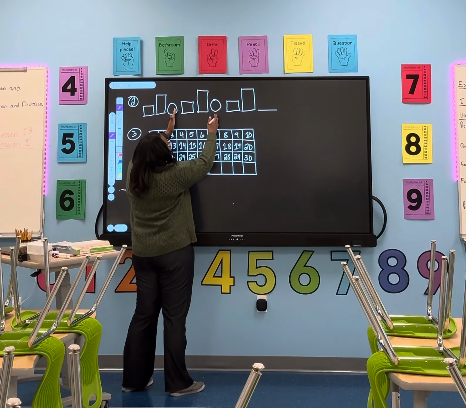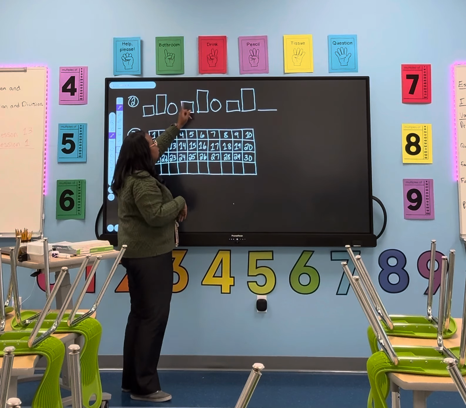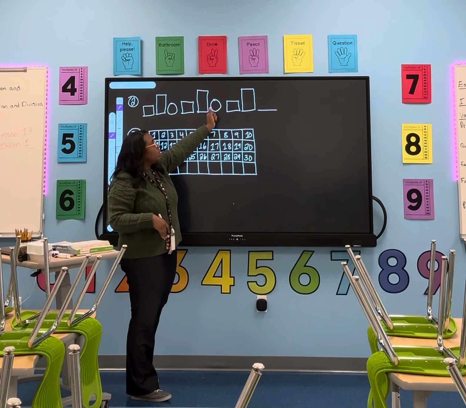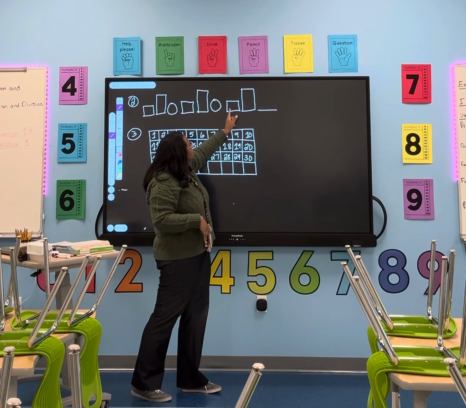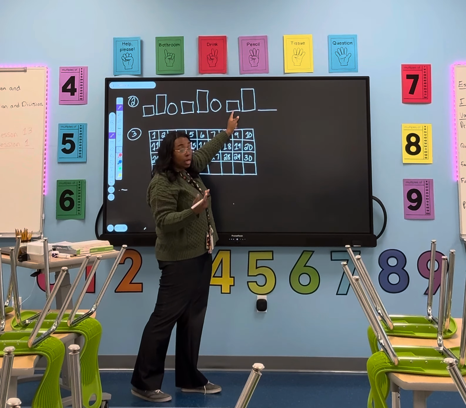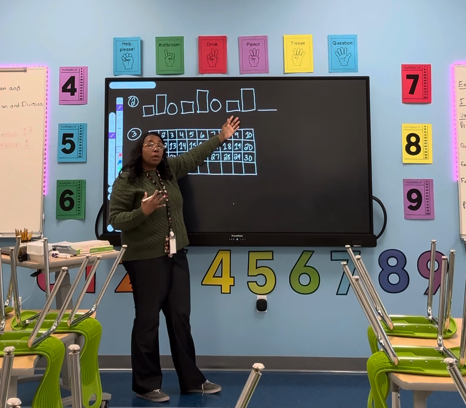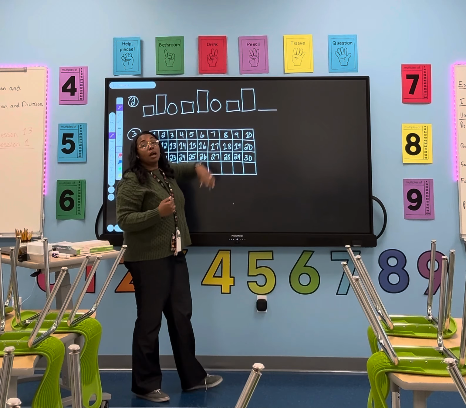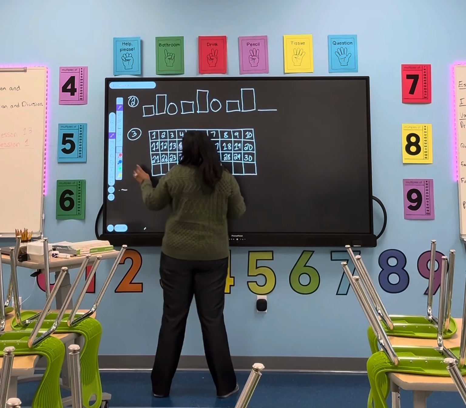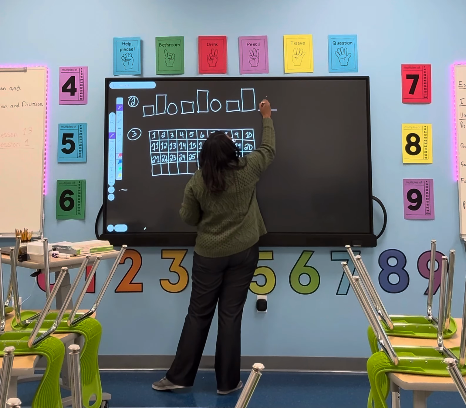So here comes another group with the same shapes. Square, rectangle, circle in the same order. So now I have another group of the same shapes in the same order, square, rectangle. So the only logical shape that will come next would be our circle. So the answer for this would be circle.